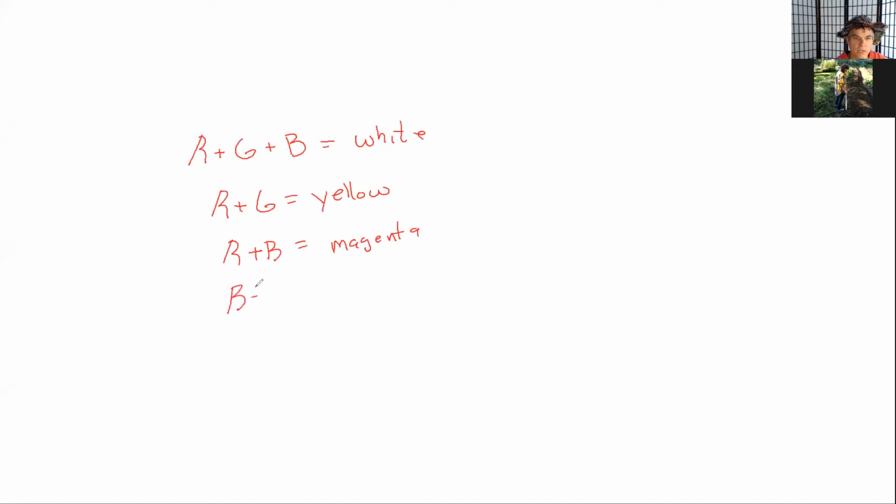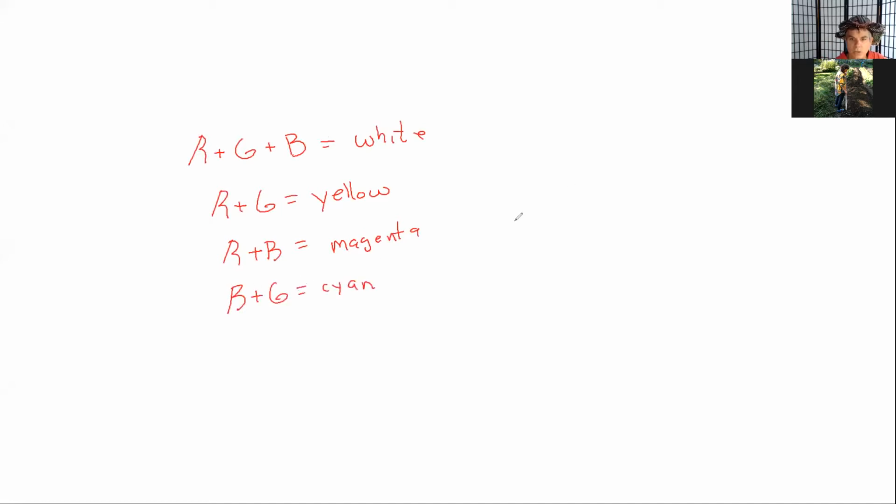So I know that red plus green plus blue equals white. I know red plus green equals yellow. Red plus blue equals magenta. And then what am I missing? Blue plus green equals cyan.